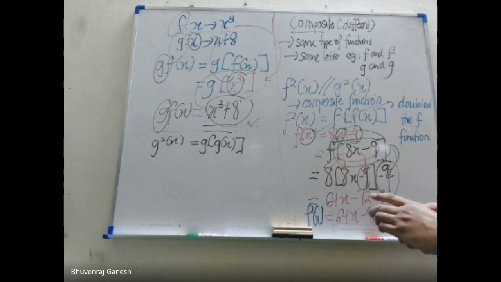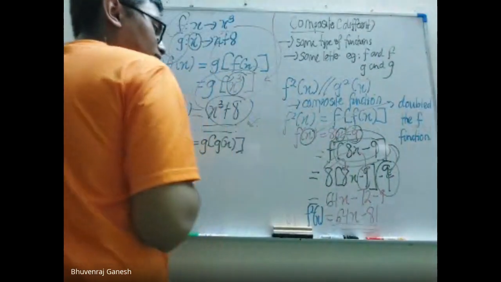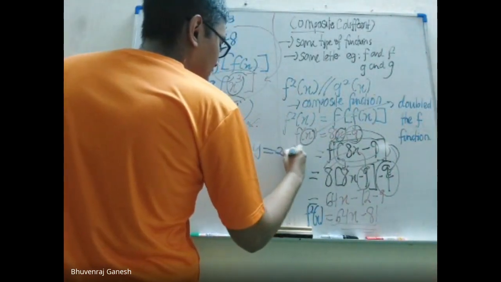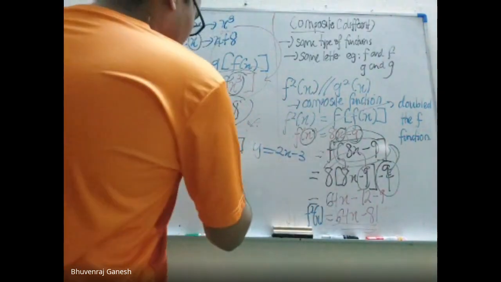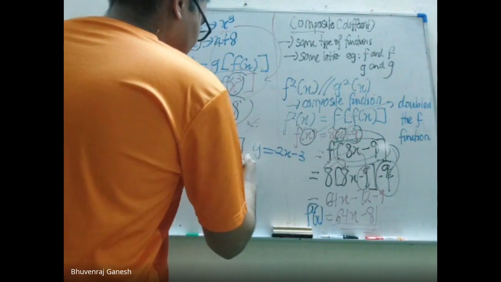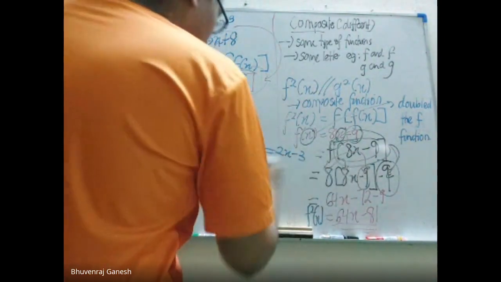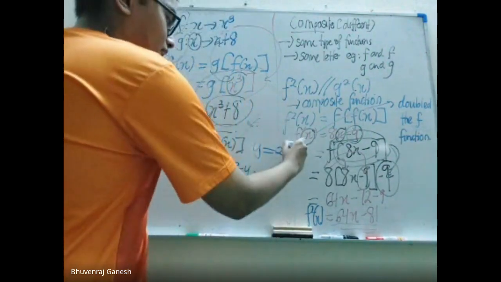And yeah. So if you have trouble finding this, let's say I give you an equation y equals 2x minus 3 and I ask you to substitute x is 8 minus y. So how are we going to do this? It is something like this only. So I'm going to copy back y equals your x here.